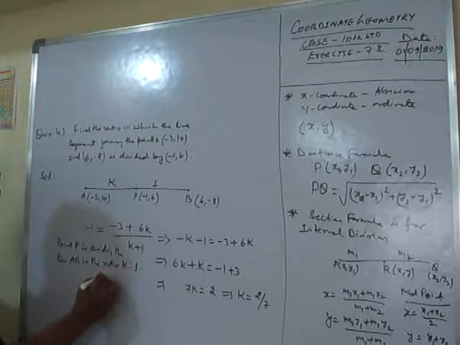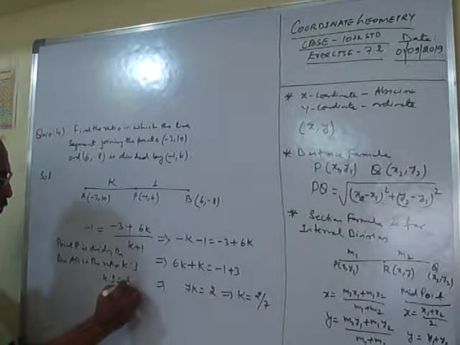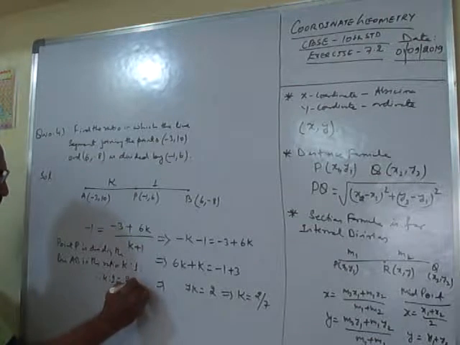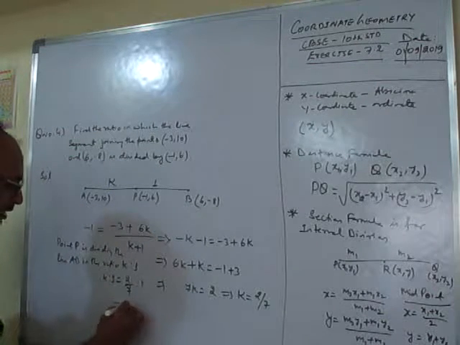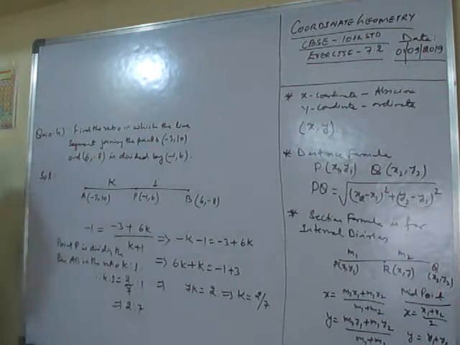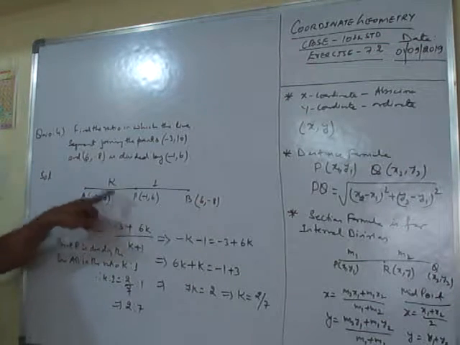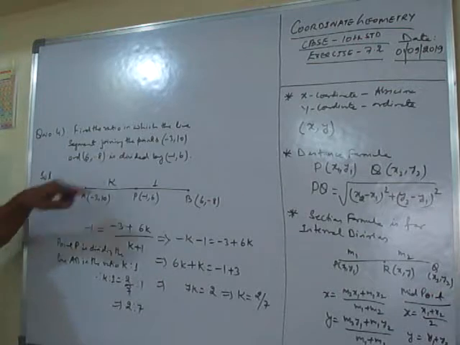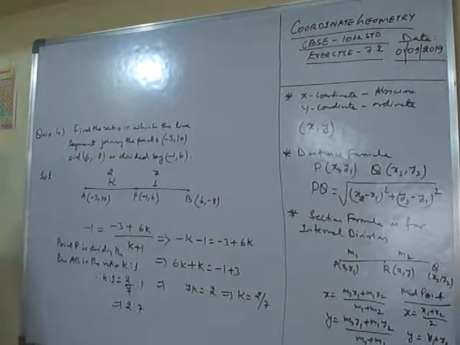Therefore, k:1 is equal to 2/7 : 1, which we can further write as 2:7. It means this point P is dividing this line segment in the ratio 2:7. So like this we can find it out.